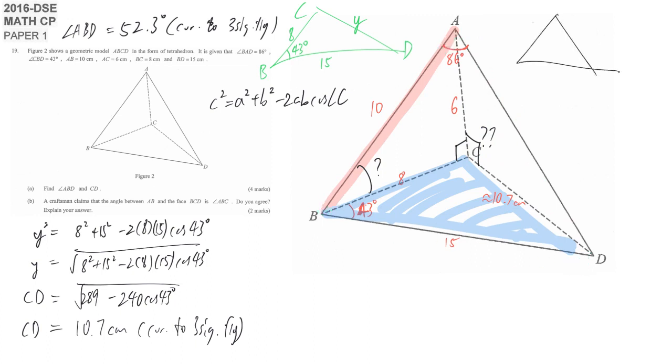So we draw it once again with 86 degrees. We have 10, we have 15, so of course it's easy for us to find AD. So our first mission is to find AD, and then we use the converse of Pythagoras theorem to prove whether that is 90 degrees or not.